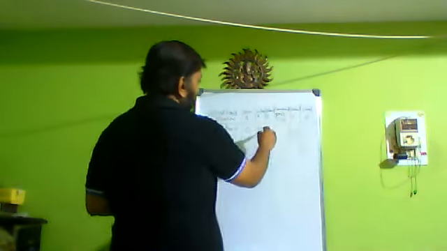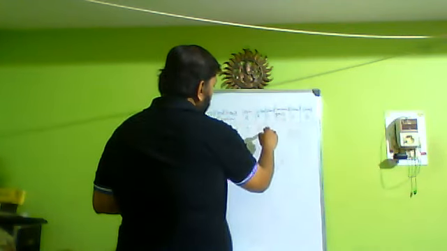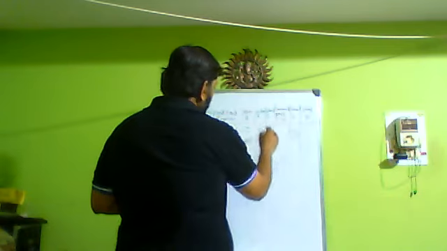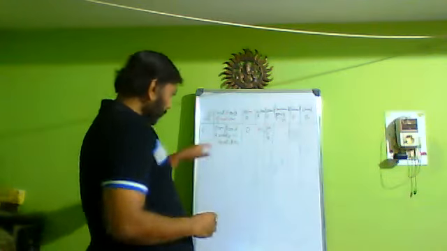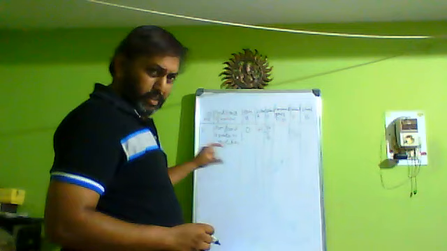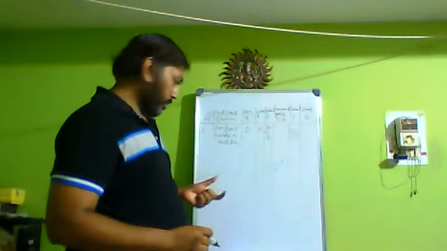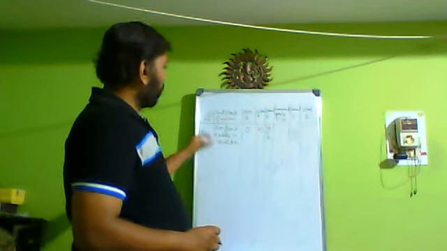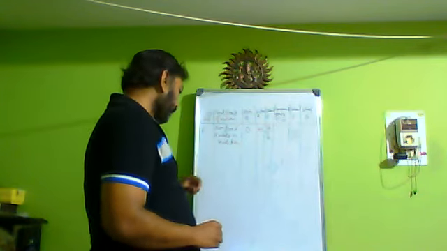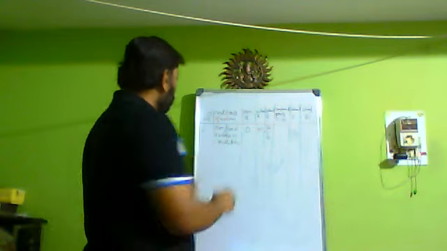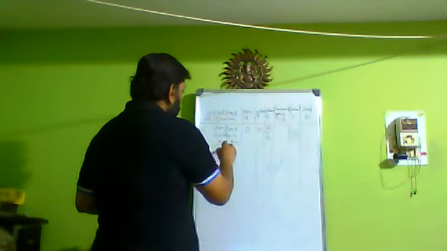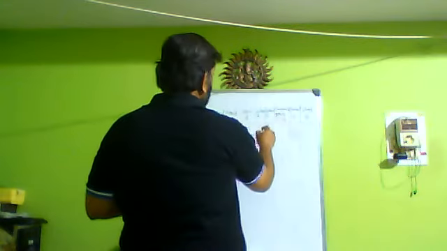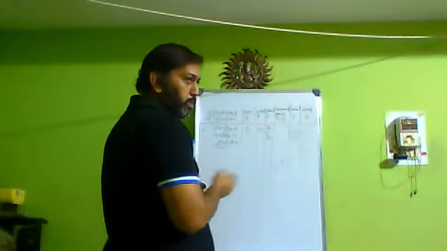And gear E, it is a mesh between TA and TE, so TA by TE. Plus 1 revolution means gear A is rotating in the anti-clockwise direction. So we take it as counterclockwise direction.